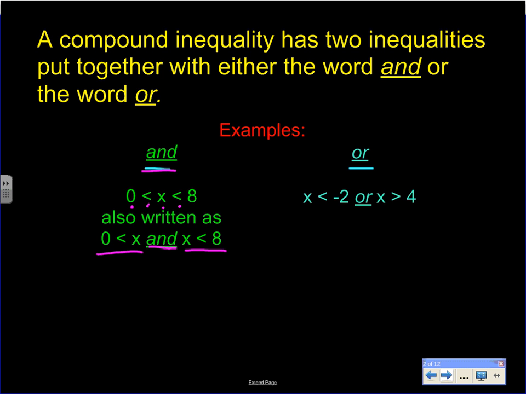So we have two inequalities here. Do note that this one on the left, 0 less than x, can also be written as x is greater than 0. And this is the reason why, when working with compound inequalities, you should be able to recognize that those two inequalities that the arrow is pointing at are exactly the same.